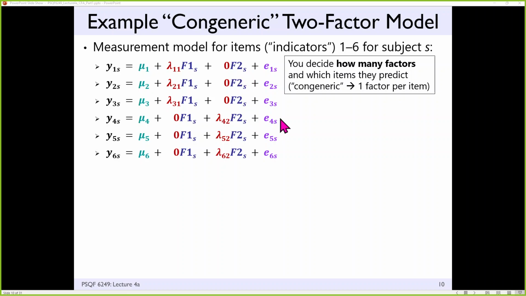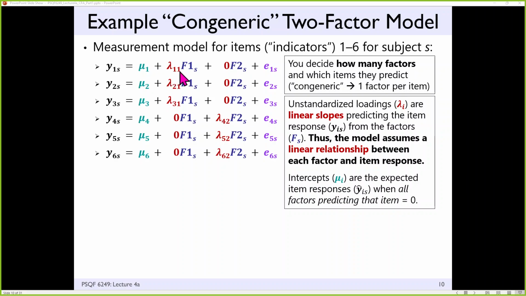So you decide how many factors there are, and that's based on what you think the items are measuring, and you decide which ones predict which items. The default is that all of the parameters are separate, so we're not making any assumptions about the items measuring those factors equally well. Likewise, we're not saying that the error variances have to be the same or the intercepts have to be the same. Everything is estimated separately.